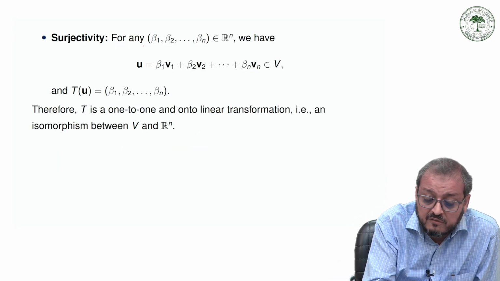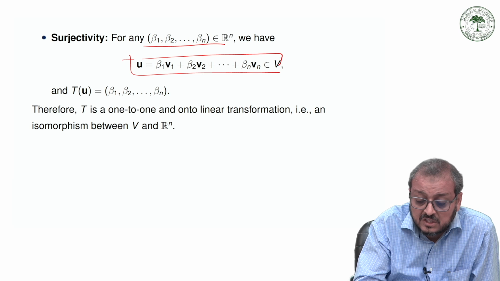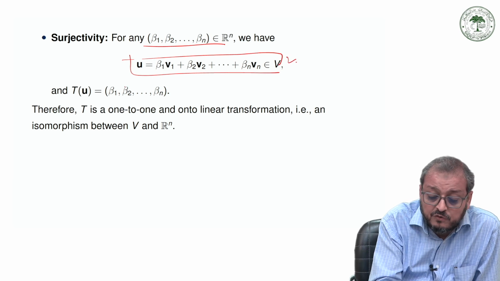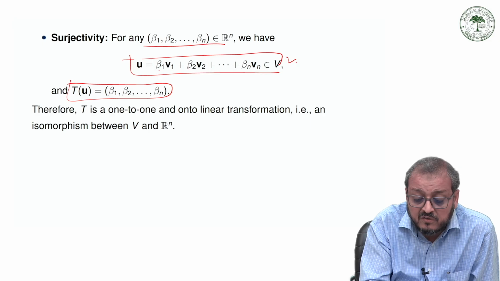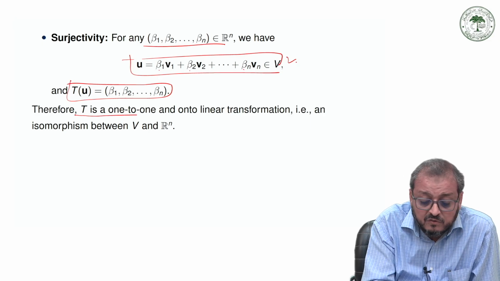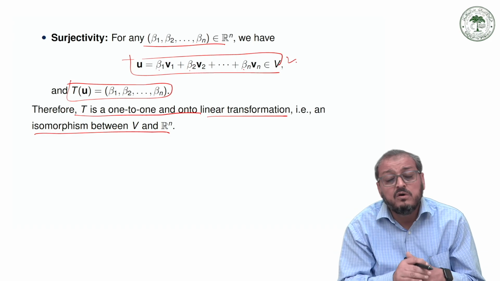Why? Because for any beta in R^n, u can be written as a linear combination of the basis elements of V, and then T of u is, by the definition, beta 1, beta 2, up to beta n. So, T is a one-to-one and onto linear transformation, an isomorphism between V and R^n.